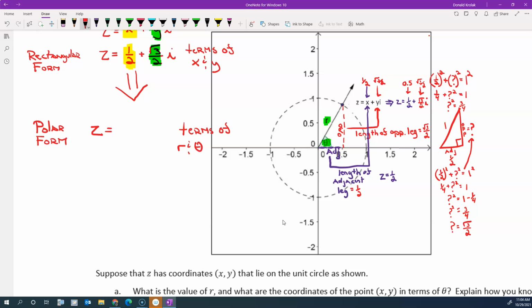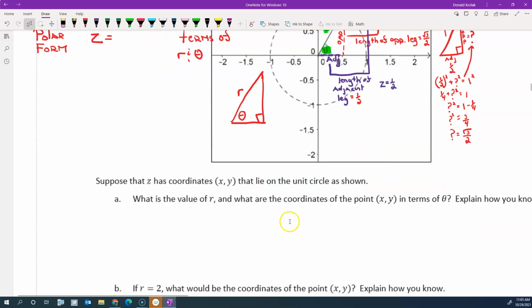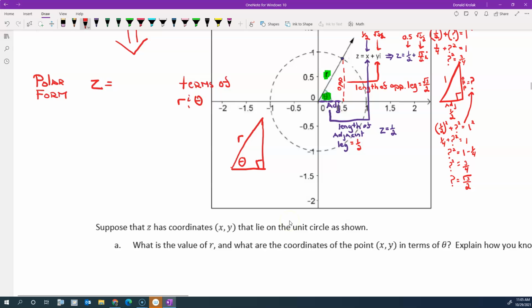All right, so if you remember back in the day when you learned about right triangle trig, we called this the adjacent leg, just like we did a few minutes ago. And we called this the opposite leg.